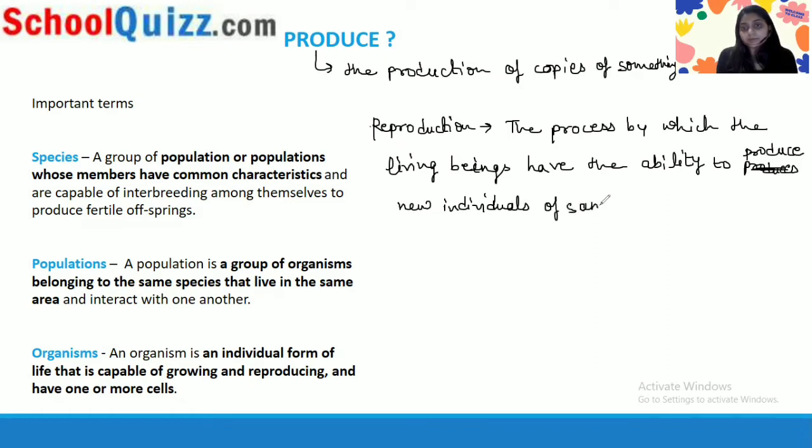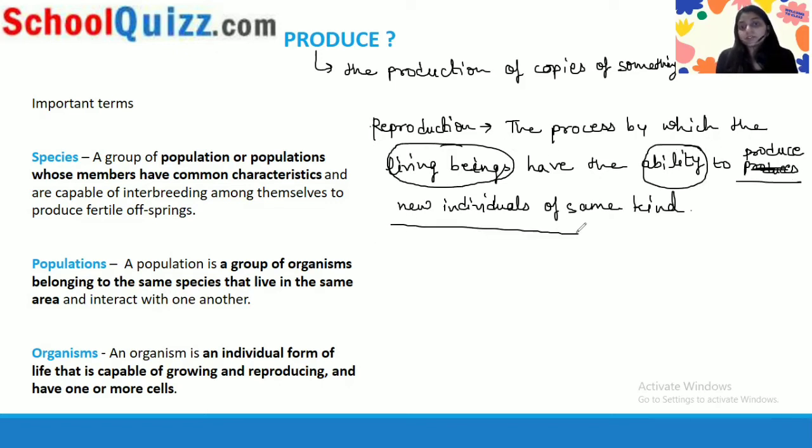Okay, so it is simple. Why living beings? Because the non-living beings cannot do it. It is a living being process, and it has the ability to produce new individuals of the same kind.